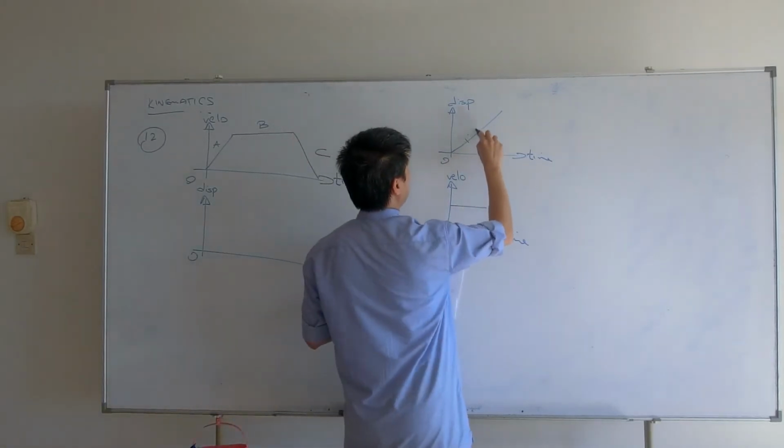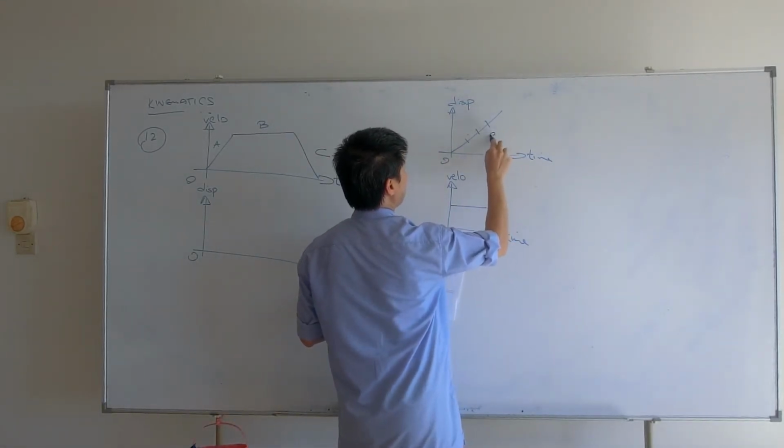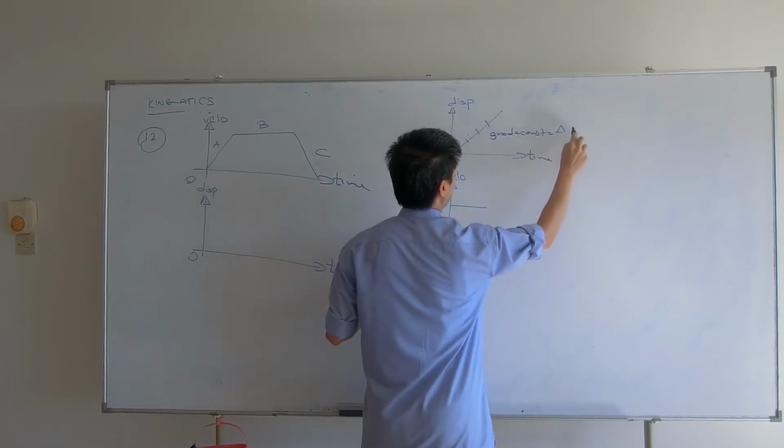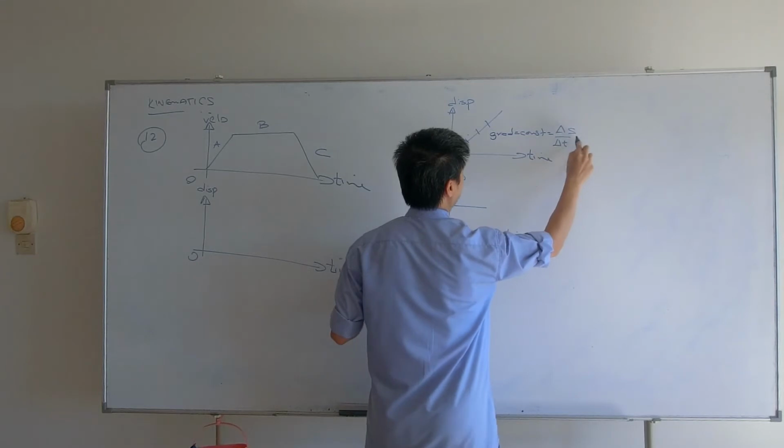Why? The gradients are constant, but the gradient of the displacement time graph gives you your velocity.